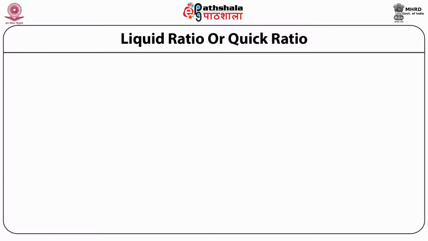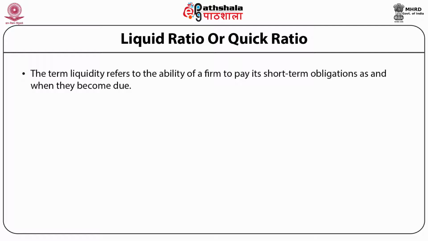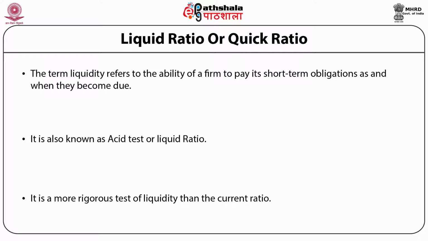Liquid ratio or quick ratio. The term liquidity refers to the ability of a firm to pay its short-term obligations as and when they become due. It is also known as the acid test or liquidity ratio. It is a more rigorous test of liquidity than the current ratio.